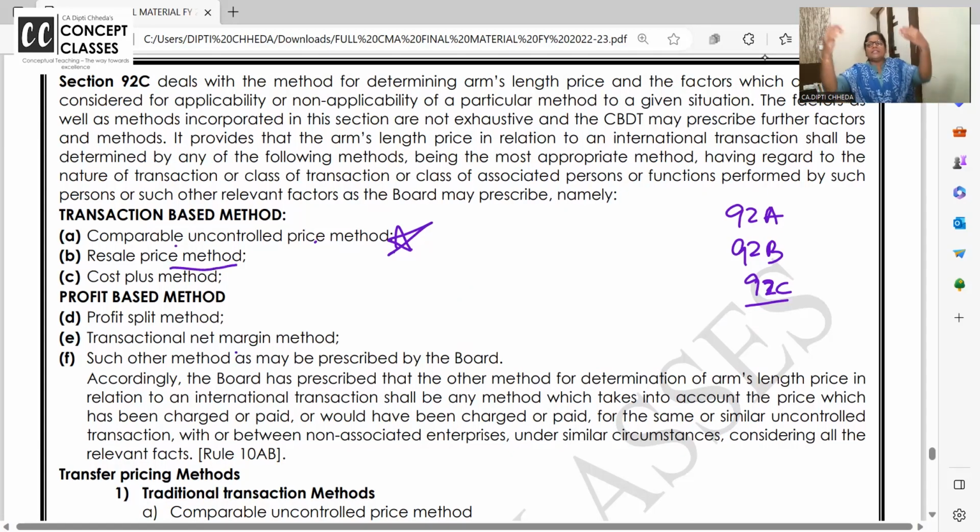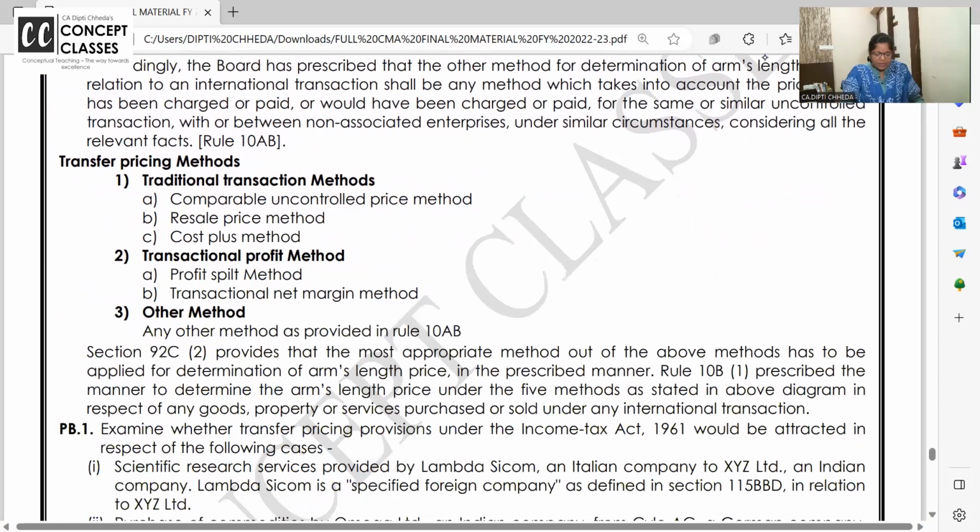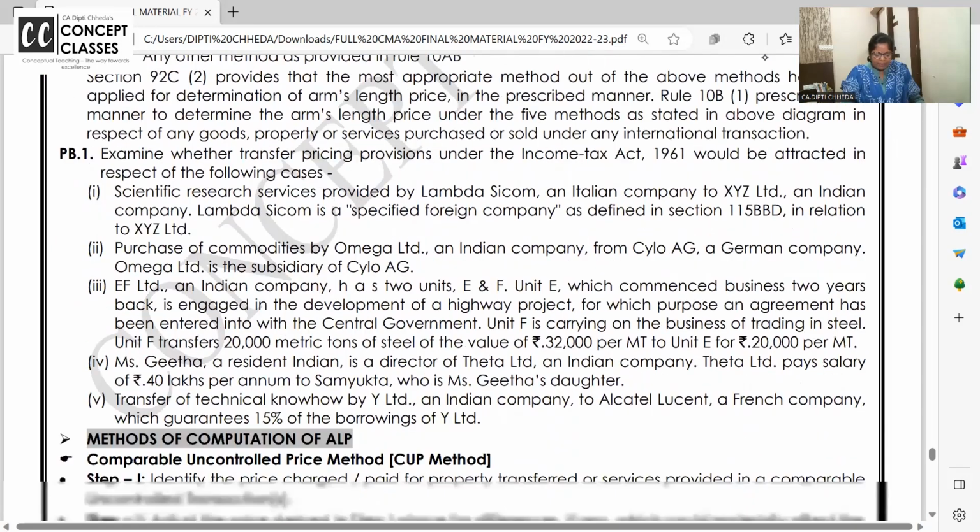Resale price method means I am buying from my associate enterprise and selling further. Cost plus method and TNMM, ये काफी हद तक same है. I'll show you. Profit split method. So of all these 5 methods, any one which is most appropriate you can use and determine your arm's length price. Okay, let us start with the traditional method, that is the CUP method.